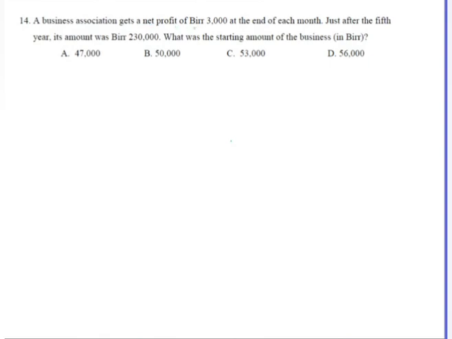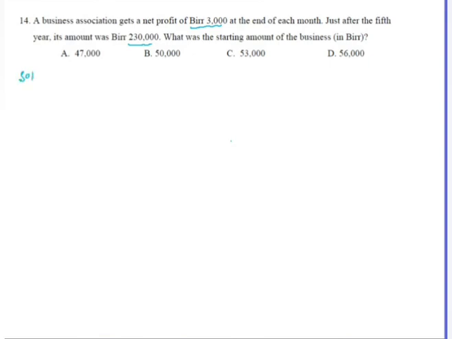A business associate gets a net profit of 3,000 at the end of each month. Just after the 5th year its amount was 230,000. What was the starting amount of the business in birr?